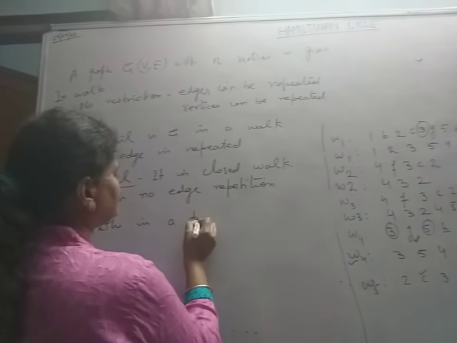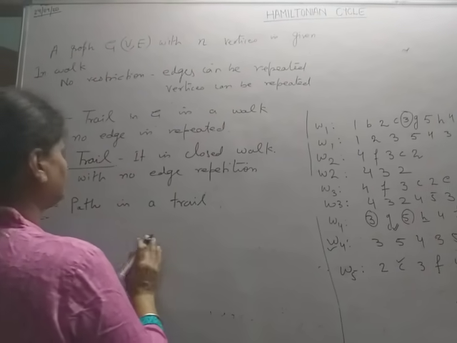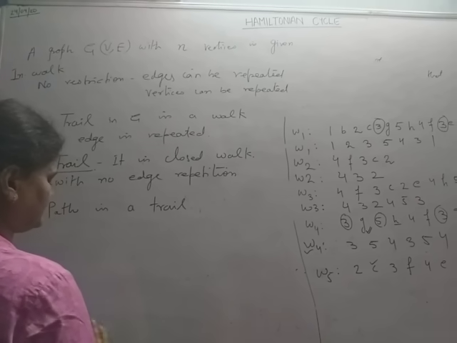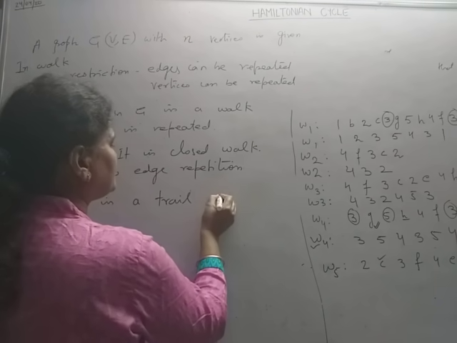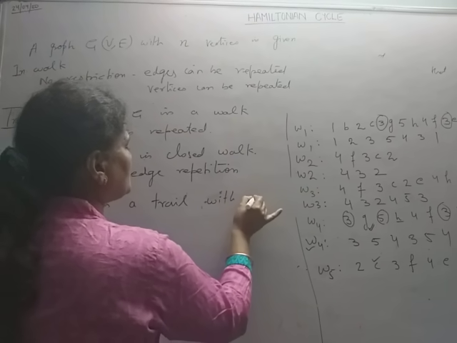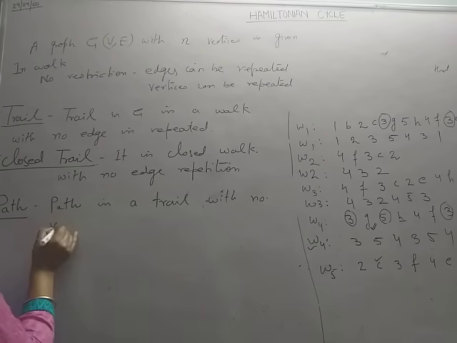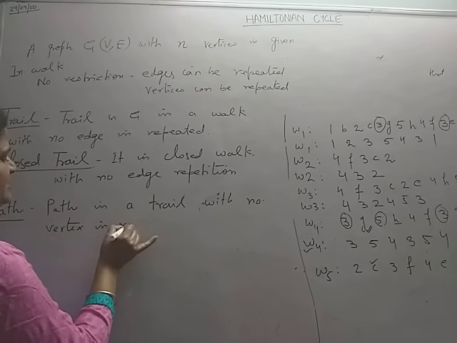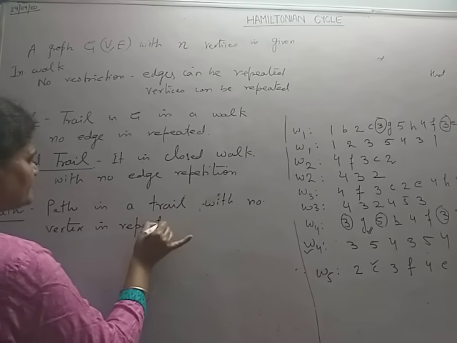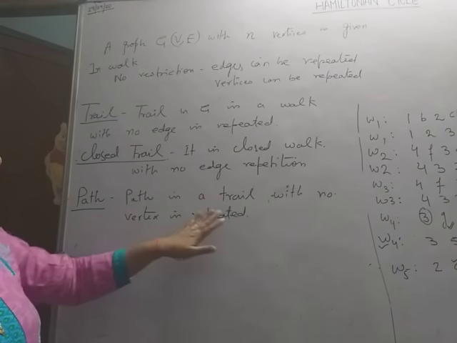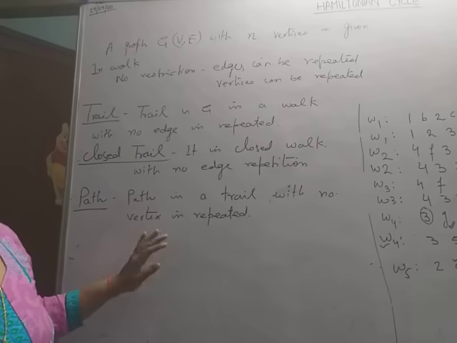Path is a trail with no vertex repeated. So here, path is just a trail with no vertex repeated.